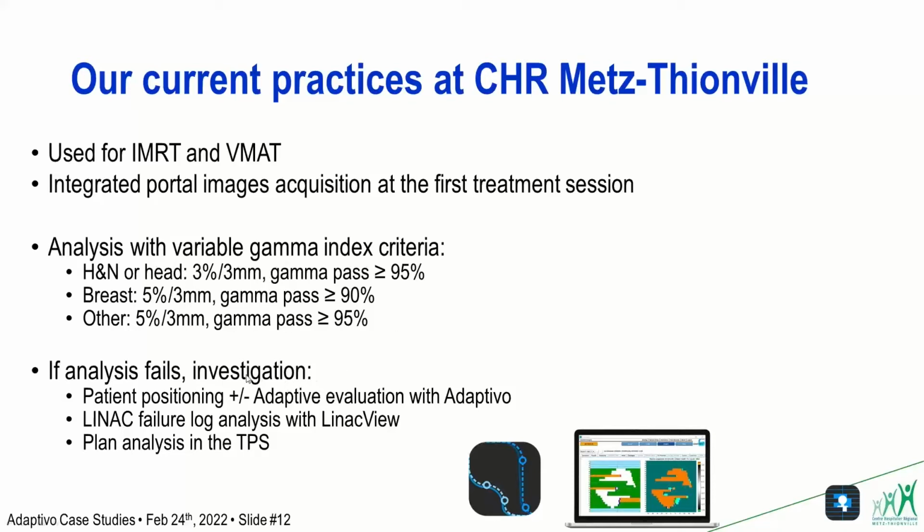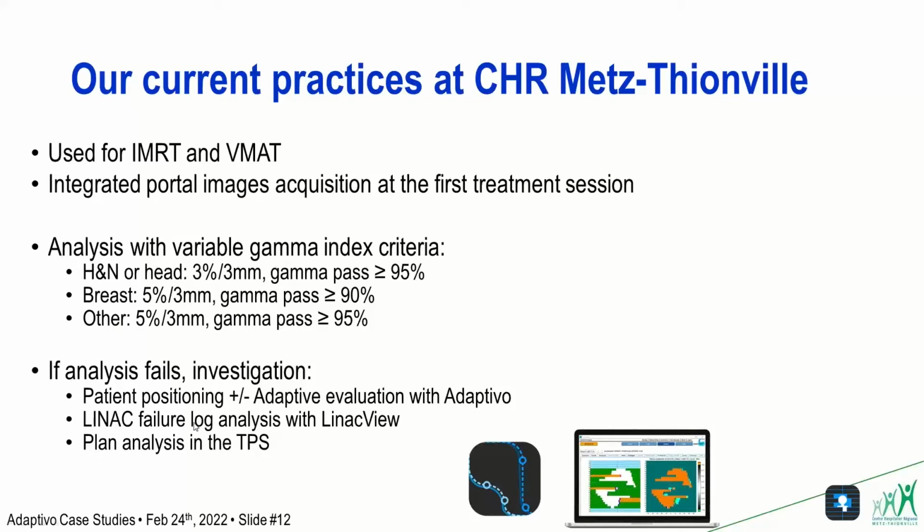Here in Metz, our workflow is to start the investigation with the patient positioning. You can either look at the IGRT images or use the adaptive module of Adaptivo to have some idea of where and why it fails. Then we look at the LINAC failures.